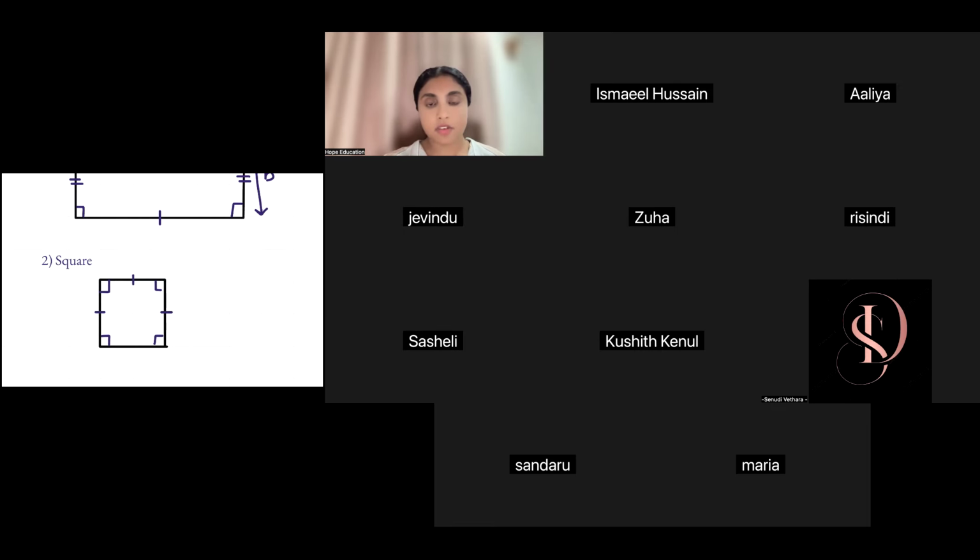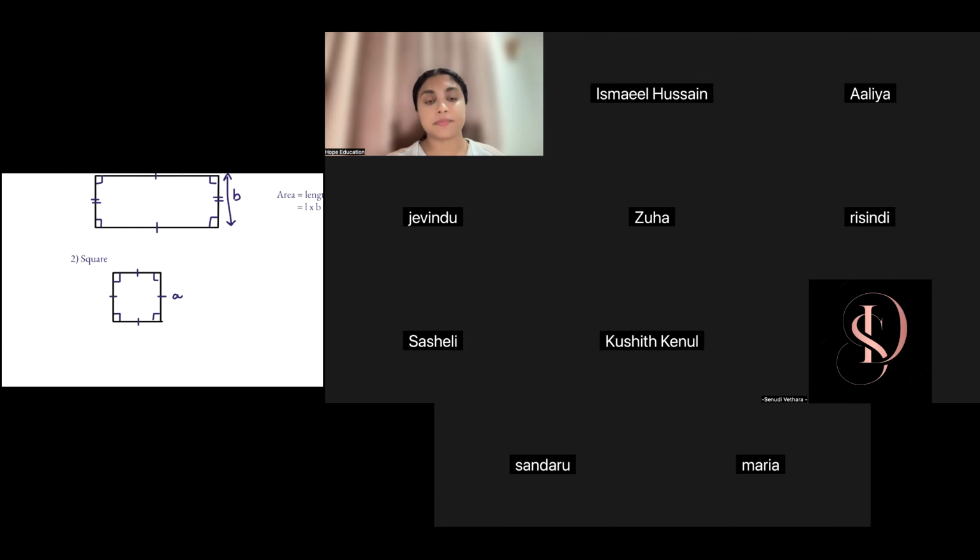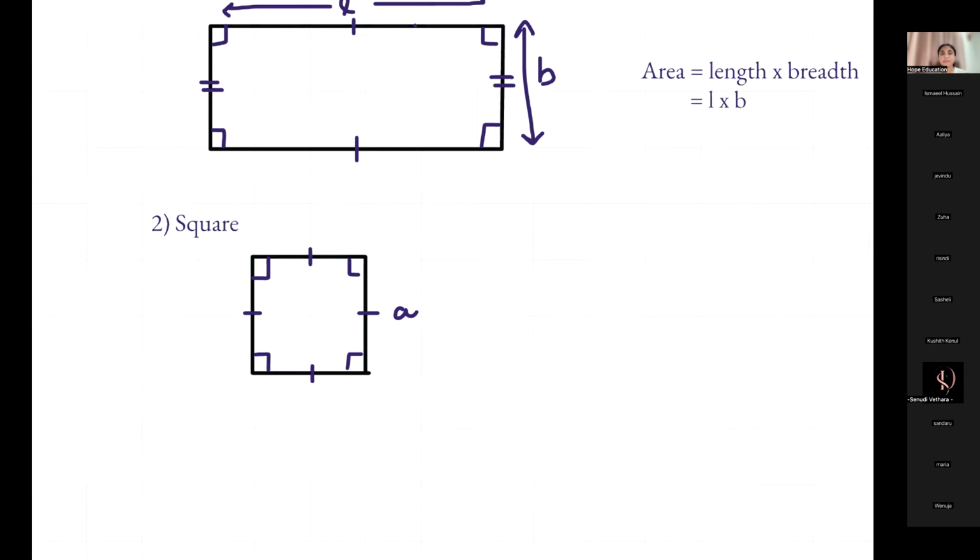If I say the length of one side is A, what do you think is the area of this square? A squared. Others? Same answer, A squared. Yes, you take the length of one side and you square it. So here the length of one side is A, so the area is A squared.